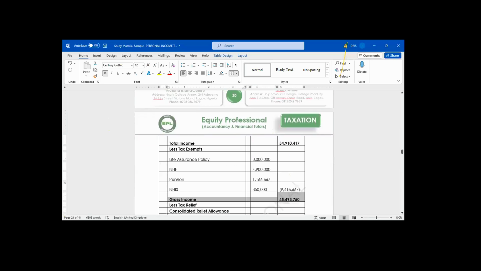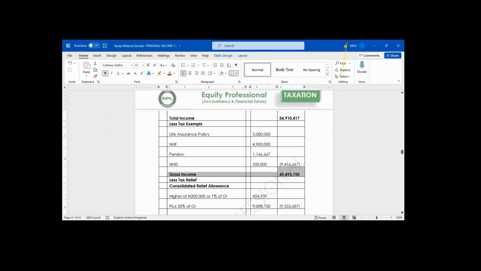So your gross income is 45,493,750. Now, after gross income, you less tax relief, which is called consolidated relief allowance. How do you get your consolidated relief allowance? Higher of 200,000 or 1% of gross income, plus 20% of gross income.